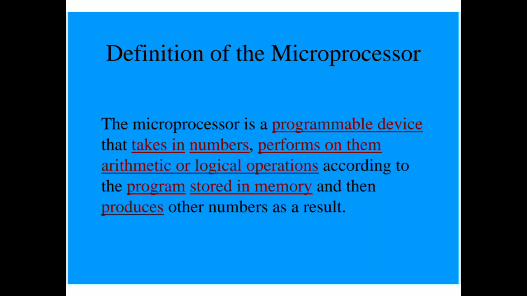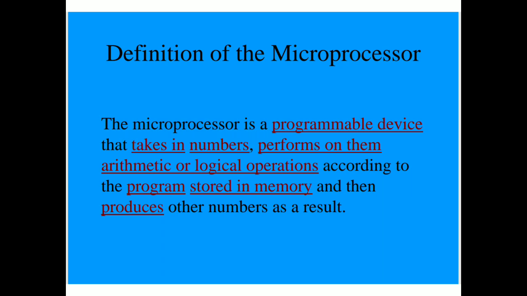The next underlined word is arithmetic or logical operations. Every microprocessor has arithmetic operations such as add and subtract as a part of its instruction set. Most microprocessors will have operations such as multiply and divide. Some of the newer ones will have complex operations such as square root.